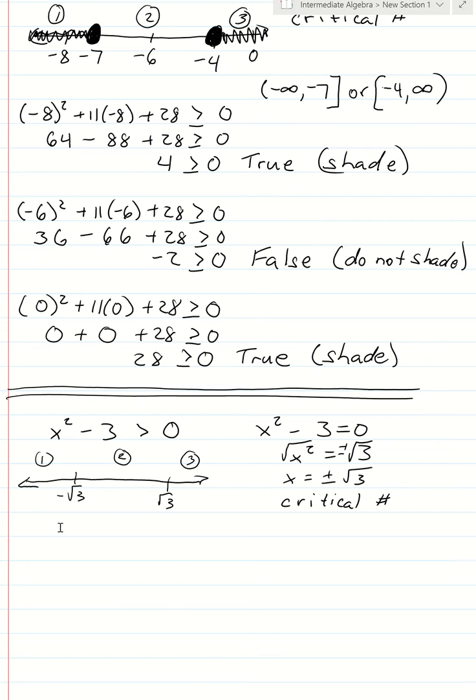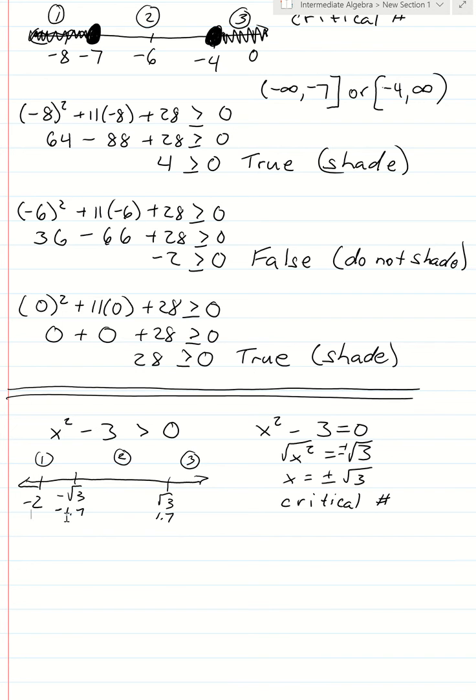Numbers that fall to the left of the negative square root of 3, numbers that fall in between the 2 critical numbers, and then I need a number that falls to the right of the square root of 3. Well, if the square root of 3 is approximately 1.7, I need a number that falls to the left of negative 1.7. I'll pick negative 2.